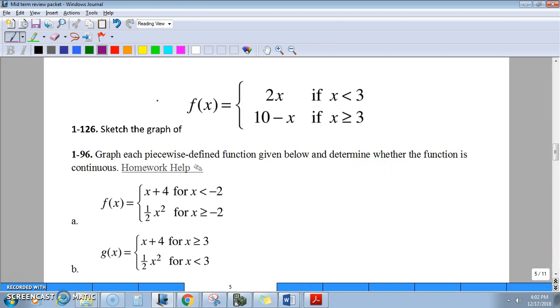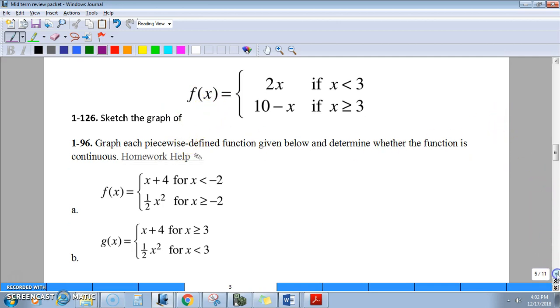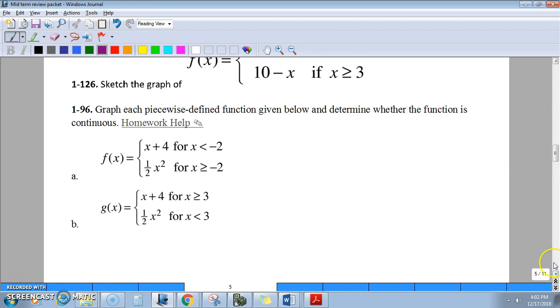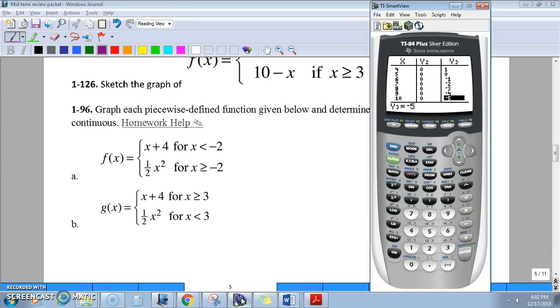So I'm just going to do this last one, 126, and I'm going to let you guys do 96. 126 looks a little bit easier than these, so maybe I'll pick one from 96, because this is a lot of questions we gave you guys, right? Determine if the function is continuous. So my suggestion would be you try all of them to practice with the calculator. And I will do one more.